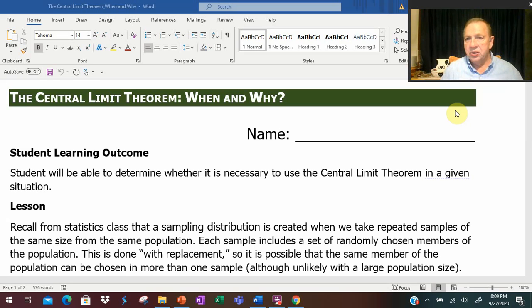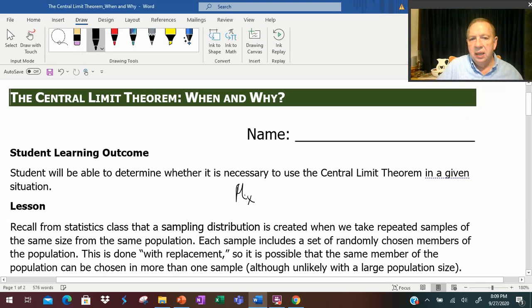The central limit theorem basically says that if it meets conditions, then the population and the sample means are related. If I took a bunch of samples, found the mean of each one of these samples, and then averaged those, this would just be the mean of the population.